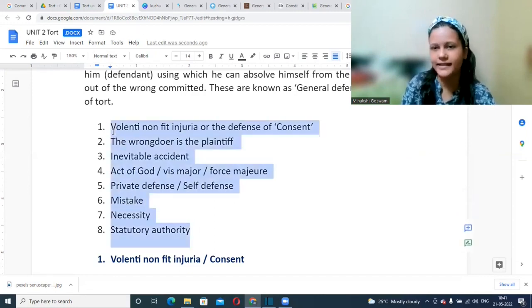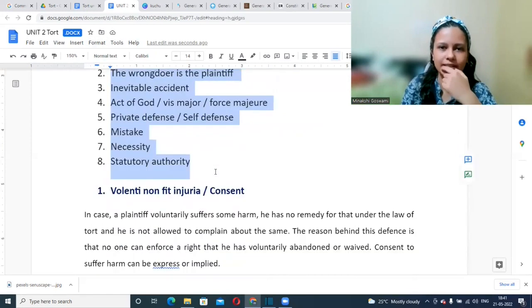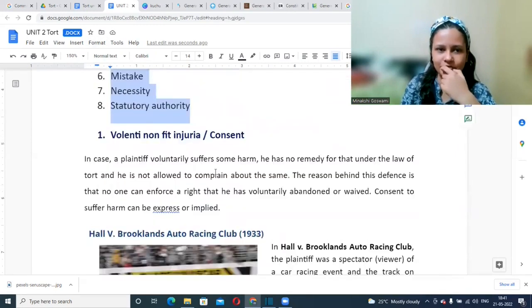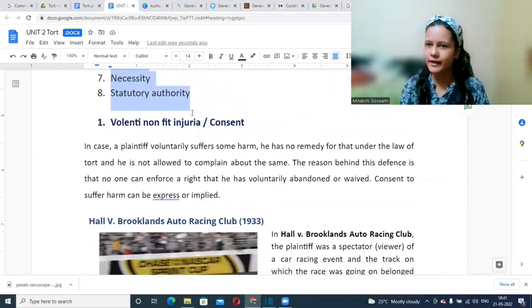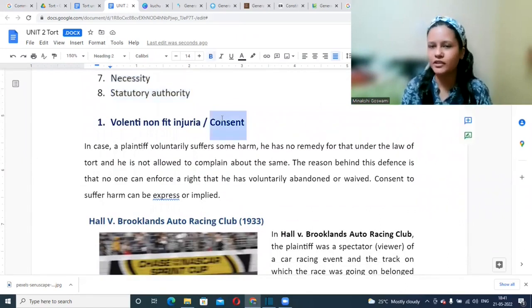Remember these 8 points along with the alternate names. We will see what these different types of defenses are. First one being volenti non fit injuria, or the defense of consent. So what is consent?